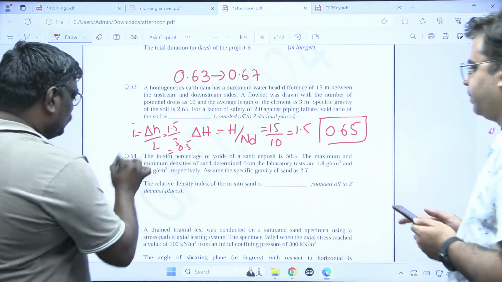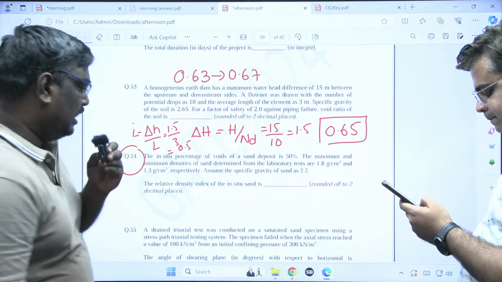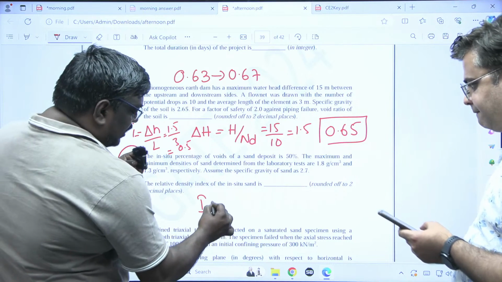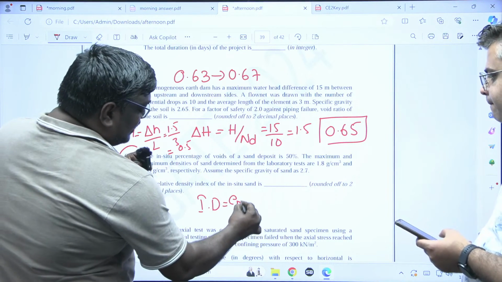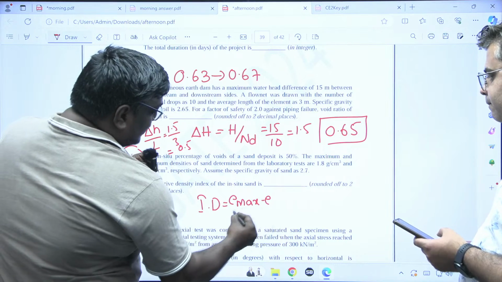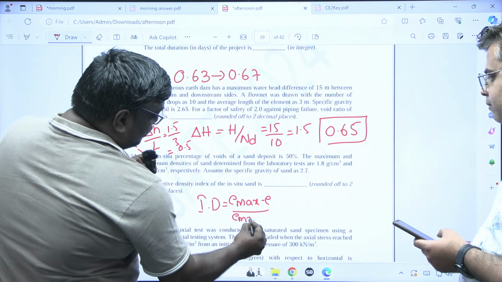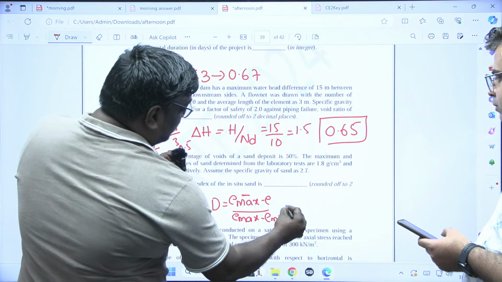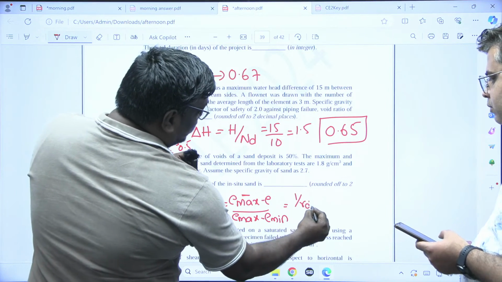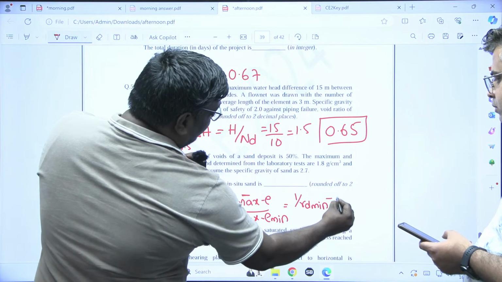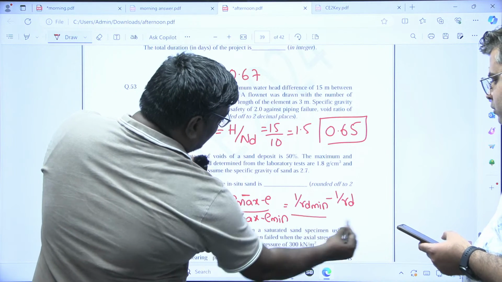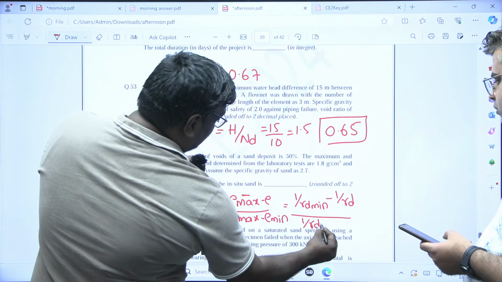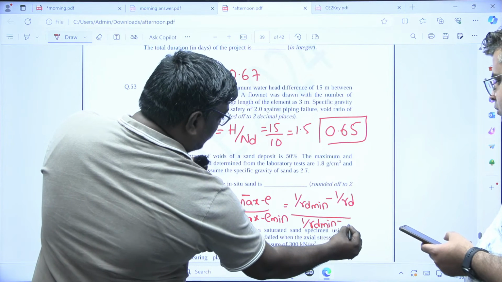And here, see students, in question 54, students might be aware of this formula, E max minus E by E max minus E minimum. But remember, void ratio is maximum when dry density is minimum. So those who are not aware of this might have made the mistake. And 1 upon gamma D minimum minus 1 upon gamma D max.